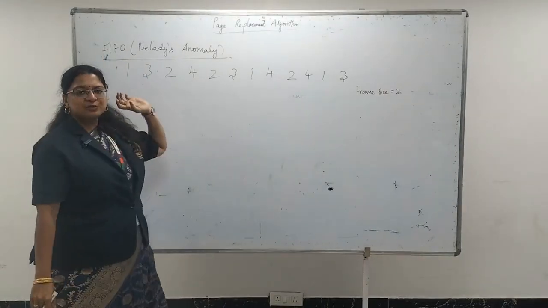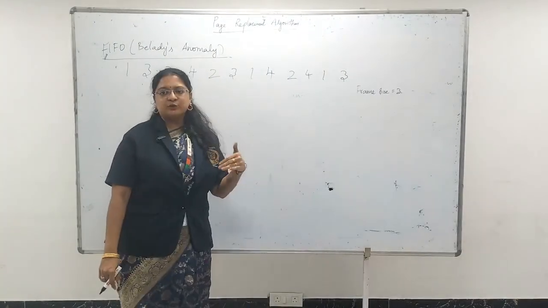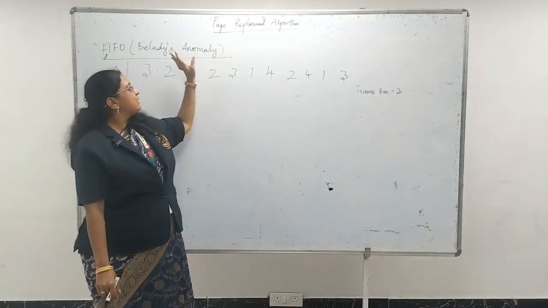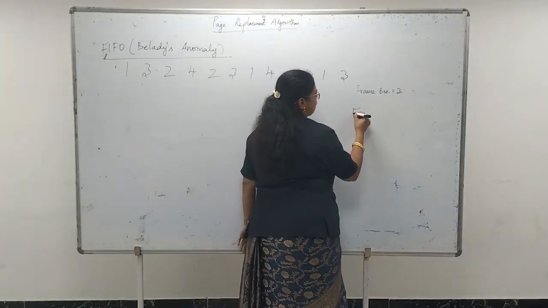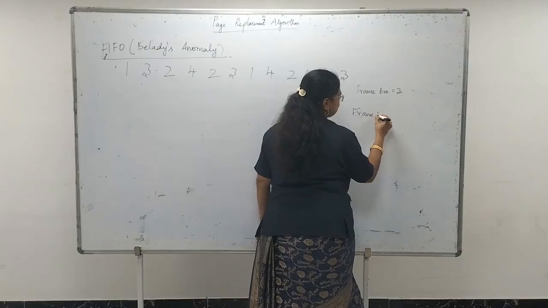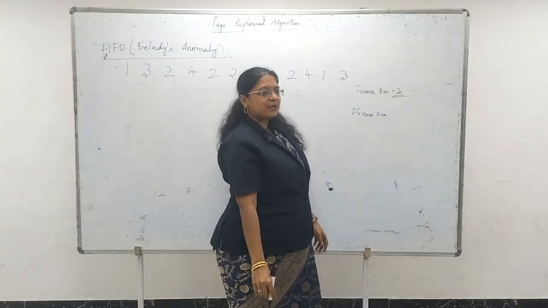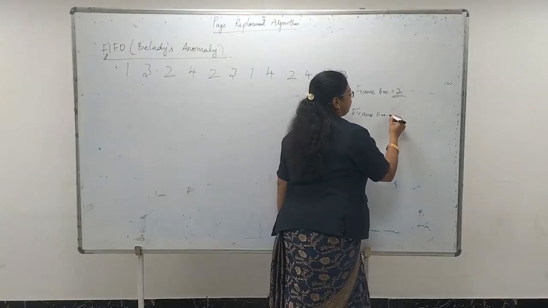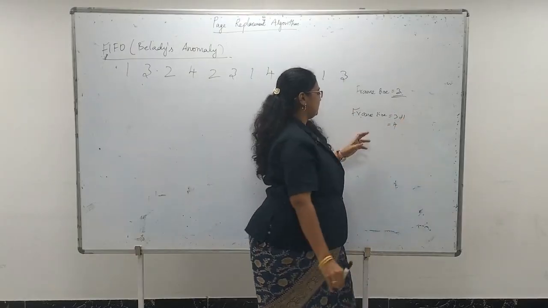To decrease the page fault in first in first out, we have introduced Belady's anomaly. Here you are going to increase the frame size. We are already at a frame size of 3, but as per Belady's anomaly, you need to increase your frame size by 1.